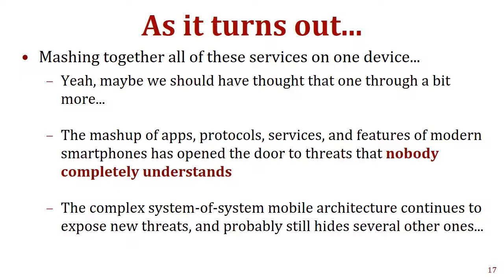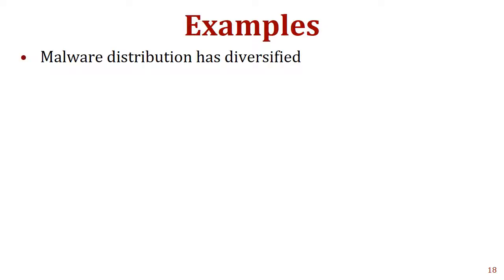We want to talk about a few examples of mobile security problems. For example, the distribution of malware on Android or iOS is quite diversified.